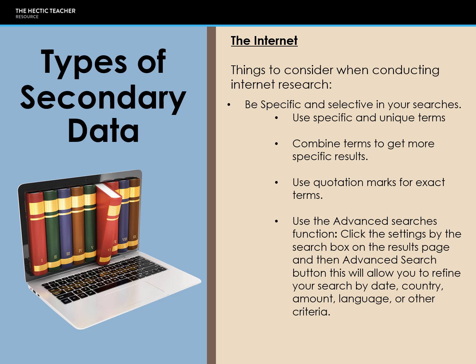Or to be more specific, divorce trends in the UK since 1970. You might be able to combine terms to get more specific results, and you can use quotation marks for exact terms. So if there's a specific phrase that you are researching, put it in quotation marks and you will only get results where that phrase comes in that particular order.